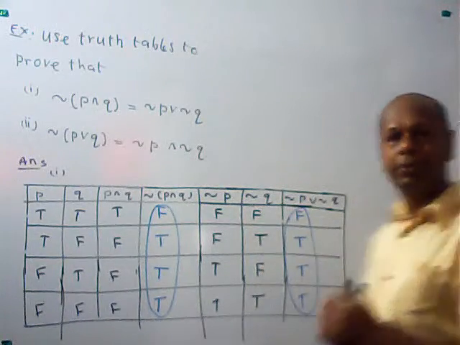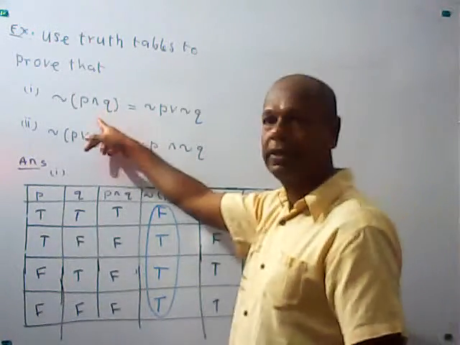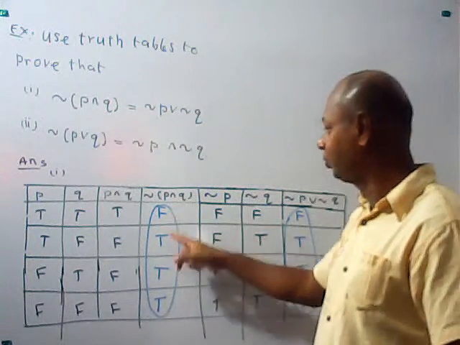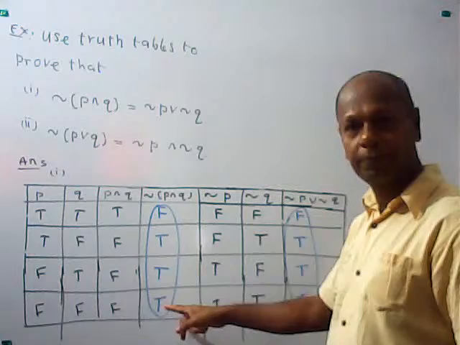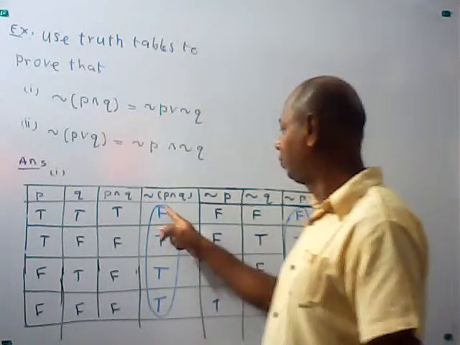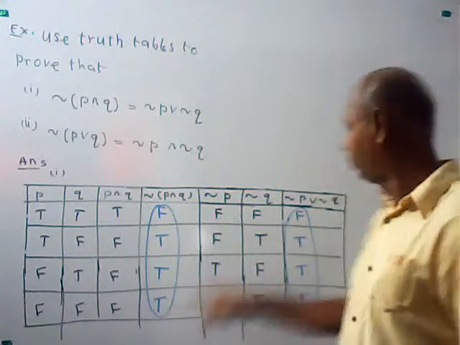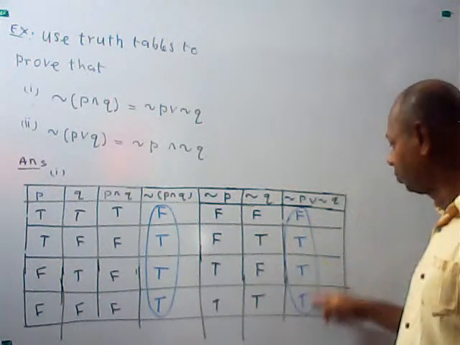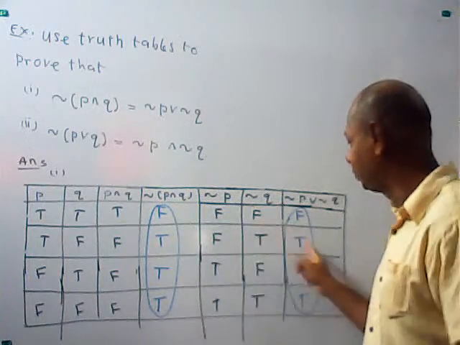Now look at the truth table. Truth values of the left hand side and the right hand side. For the left hand side, it is false, true, true, true. For the right hand side, also false, true, true, true. You get the same truth values.